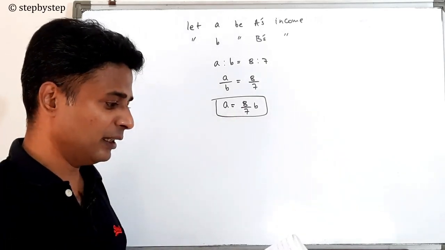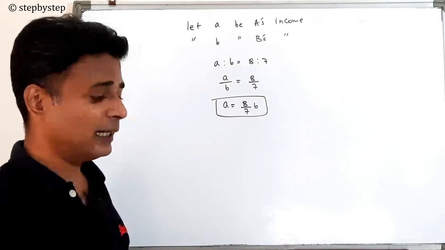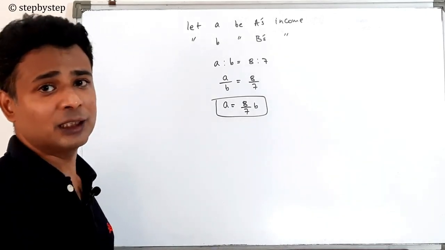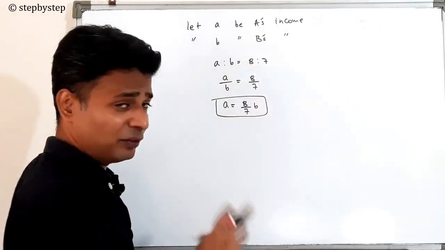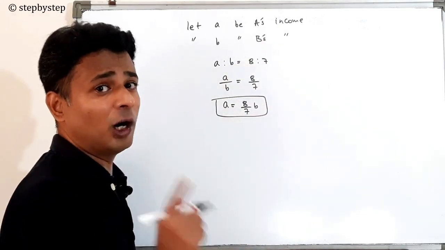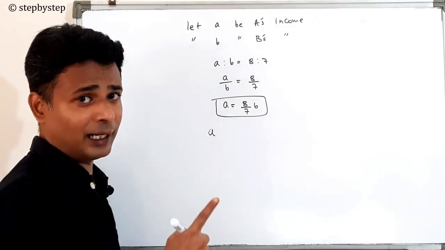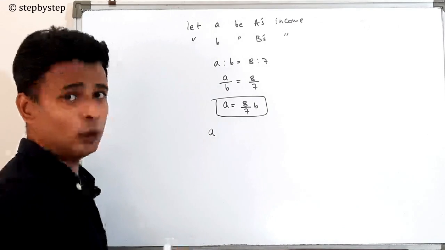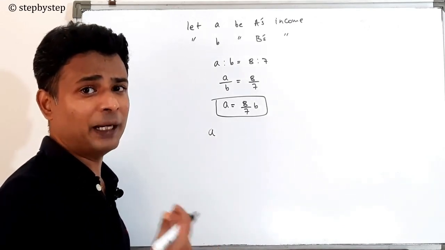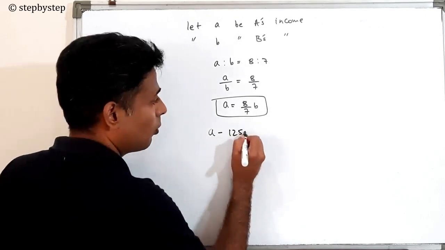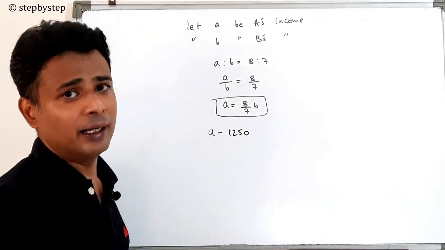Now what is the second thing they have given? Their expenditures are in the ratio 19:16. They have told each saves 1,250. So how much are they spending? A is the total income of A, right? And he saves 1,250, which means he spends the remaining. So his total income minus what he is saving is his total expenditure.